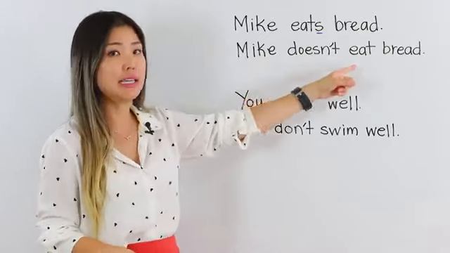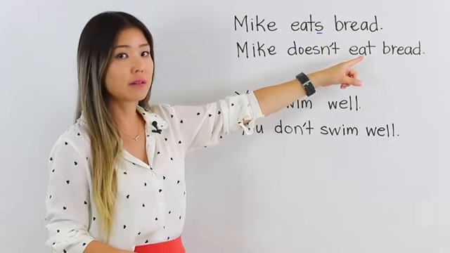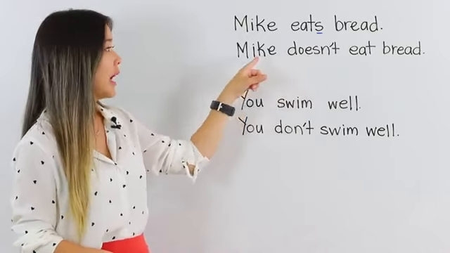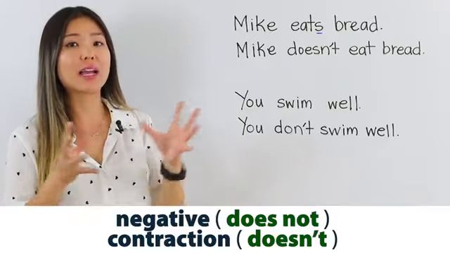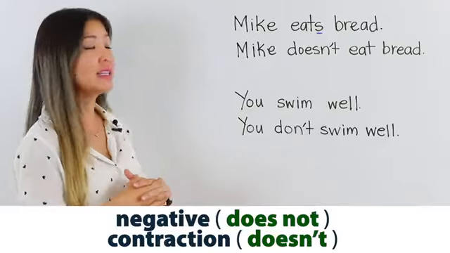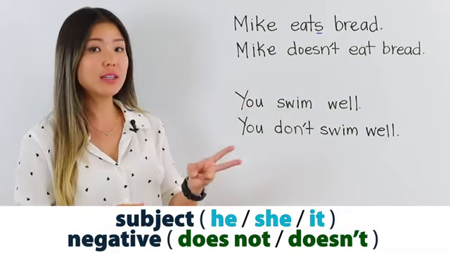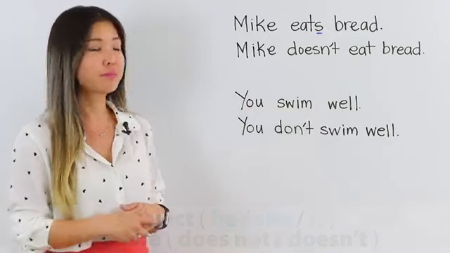Mike doesn't eat bread. So you'll notice that I didn't move the S here. Instead, I added doesn't. I took does and not, and I turned it into a contraction by combining the two and making it doesn't. So if the subject is he, she, or it, we use does not or doesn't to make it negative.